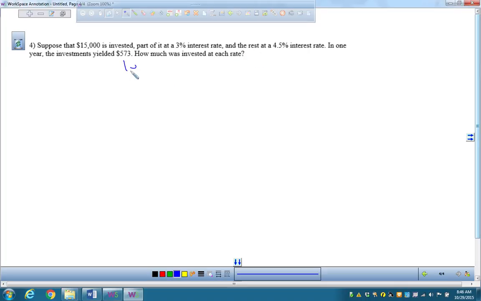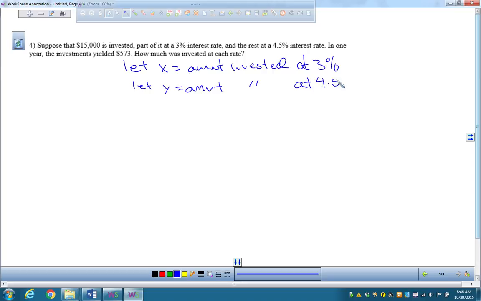So what you do is you say something like, let X equal the amount invested at 3%. And then you say let Y equal the amount invested at 4.5%. And then you make two equations.